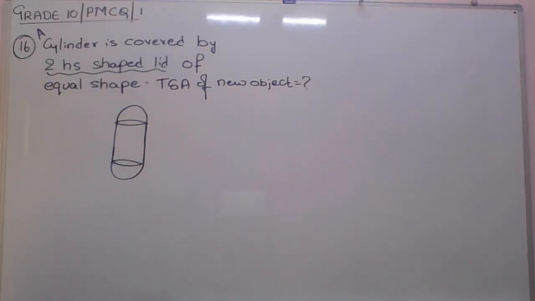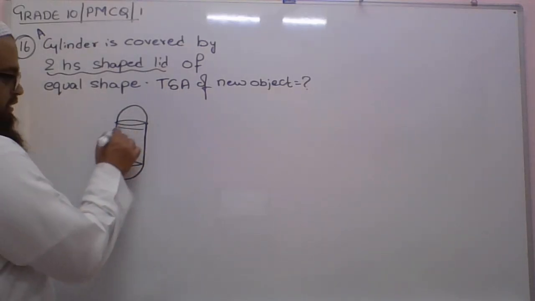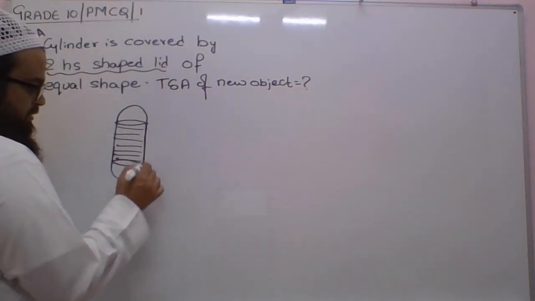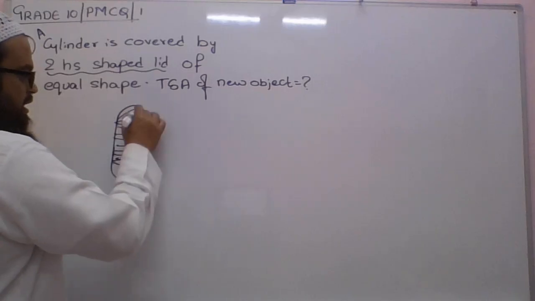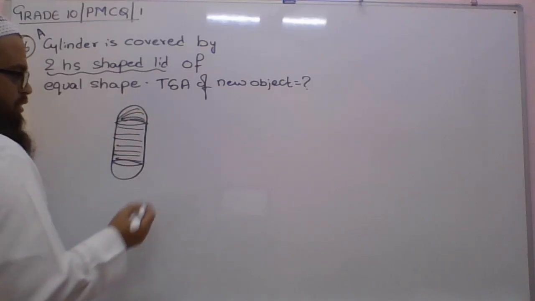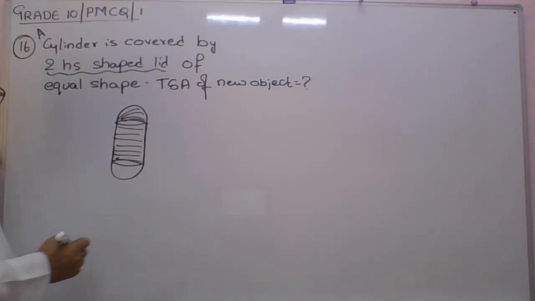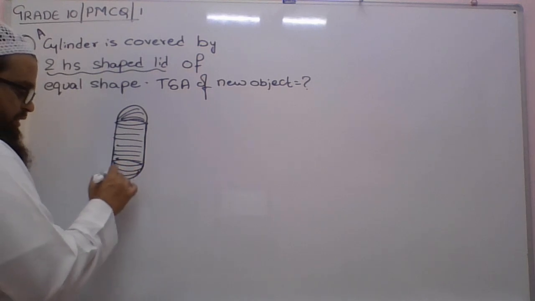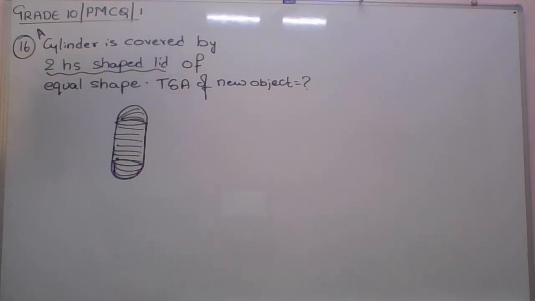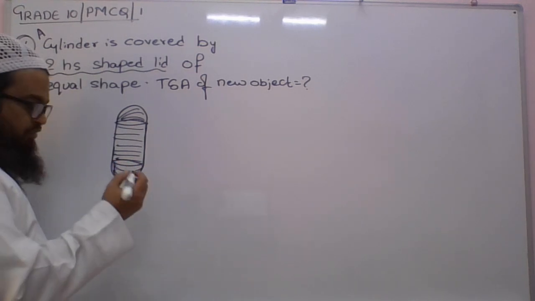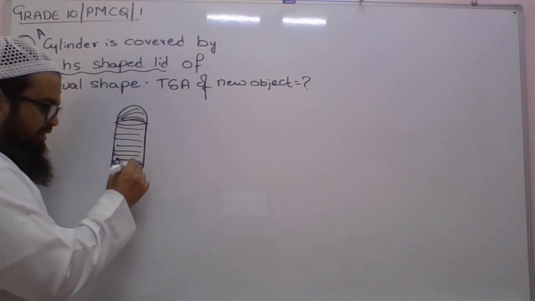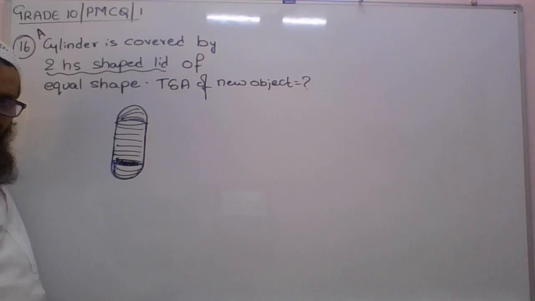Okay, now what is the total surface area of the new object? So what is total surface area? See, the surfaces wherever you see, this is the curved surface area of the cylinder, and over here, this is the curved surface area of the hemisphere, and here also we see the curved surface area of the hemisphere. My question is, is this a curved surface area? Is this a surface?